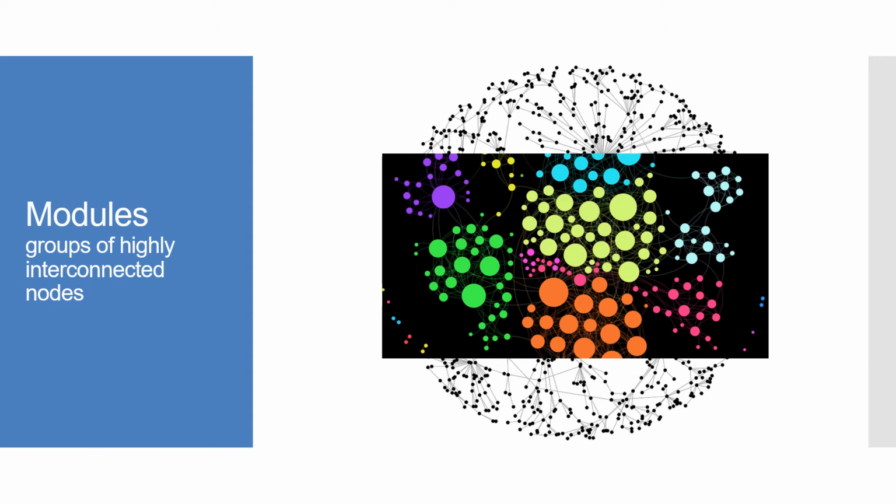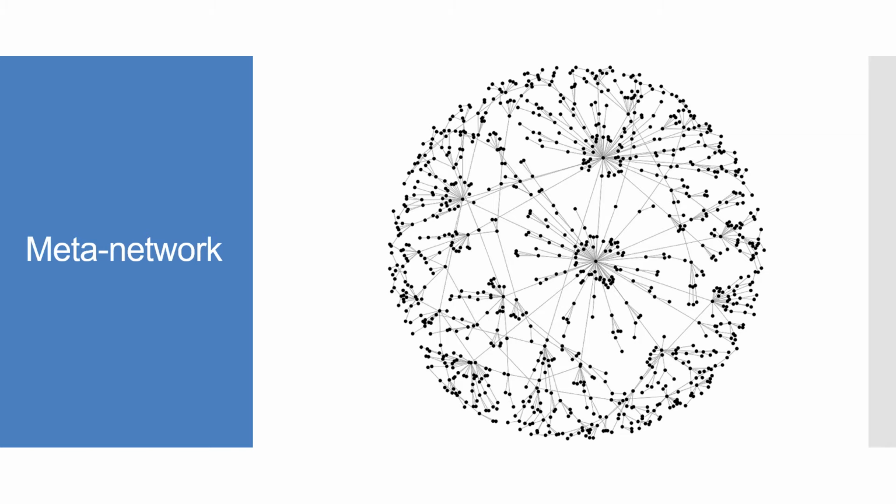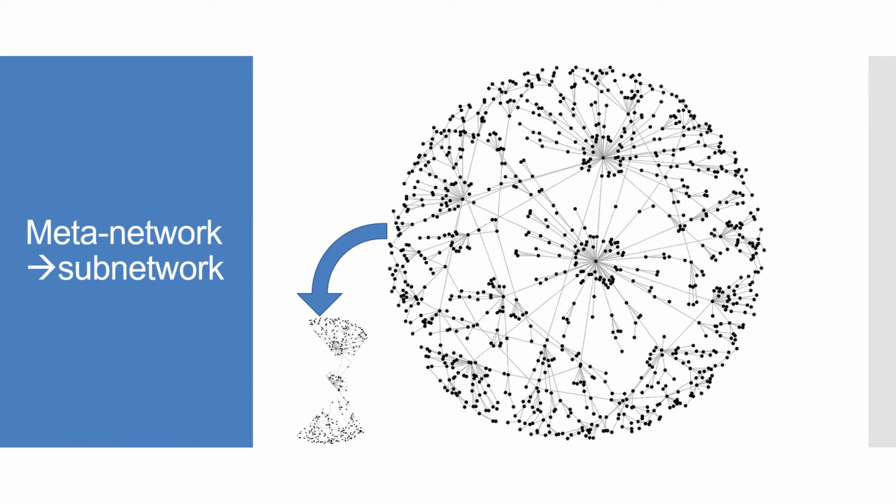So far, I told you that microbes are important, and networks are important to study microbial interactions. Now, imagine there is a network that contains all microbial interactions, a so-called meta-network. Each microbial ecosystem, at any given moment, under the influence of specific environmental selection, represents a subnetwork of the meta-network.